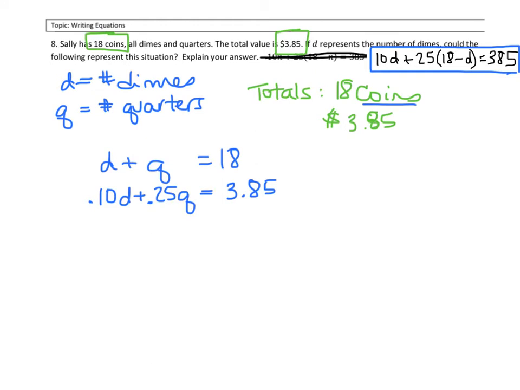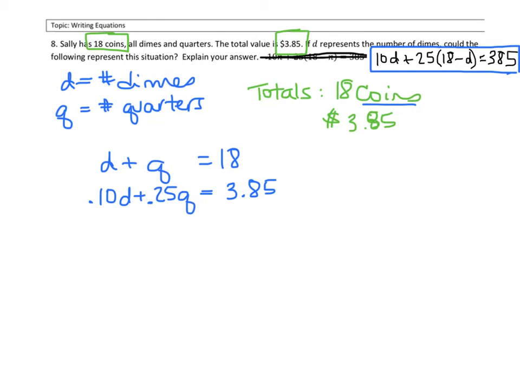Okay, now when I compare my equations with what I'm trying to build up to, which is what they gave me over here, first of all, I notice that I don't have any decimals. And so we've talked about that you can take an equation with decimals, and as long as you consistently move the decimals in every single term, you can go ahead and do that.